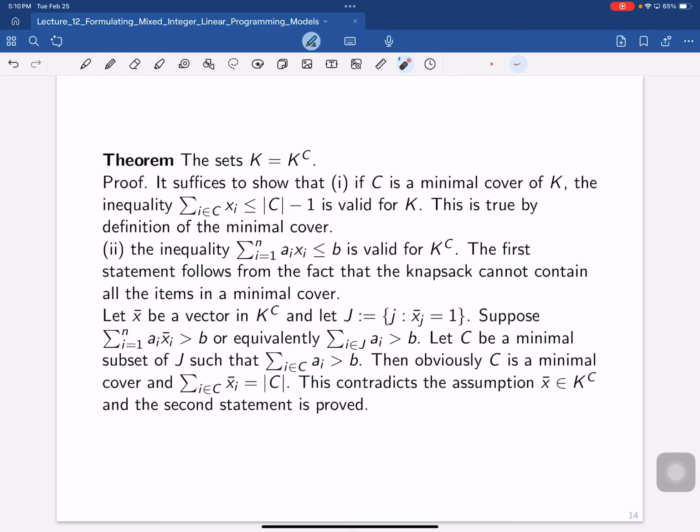Suppose x bar violates this inequality, meaning that the sum of ai xi bar is strictly greater than b. Then you can always find a minimal subset J such that this inequality is violated. Then obviously C is a minimal cover of the original problem. This will violate one of the minimal cover inequalities. So therefore you can show it by contradiction. This shouldn't be too difficult.